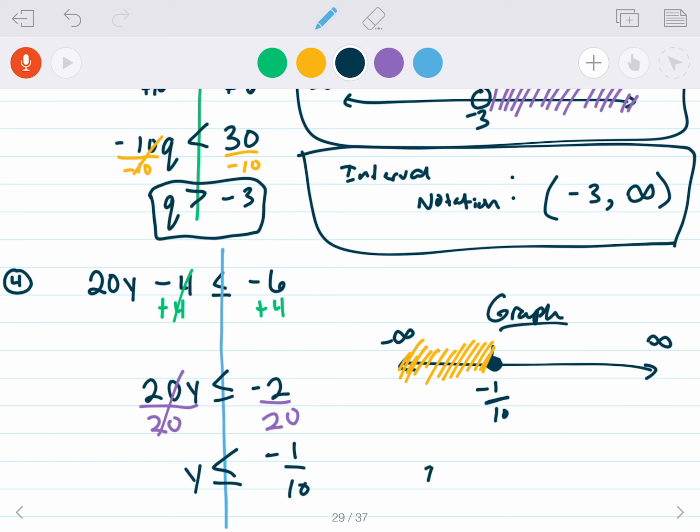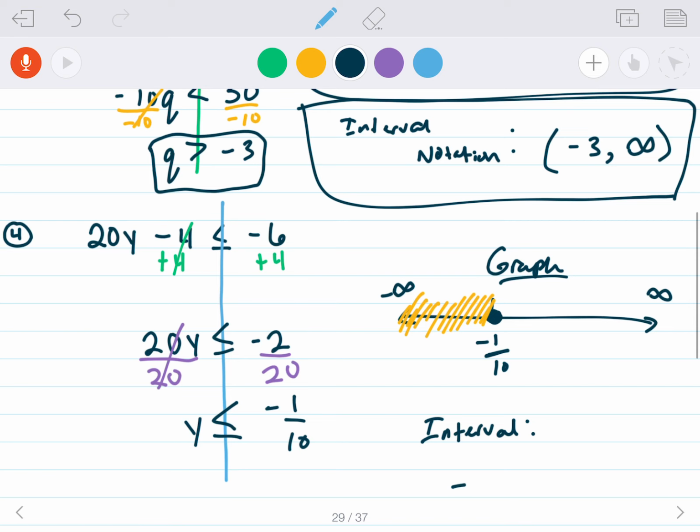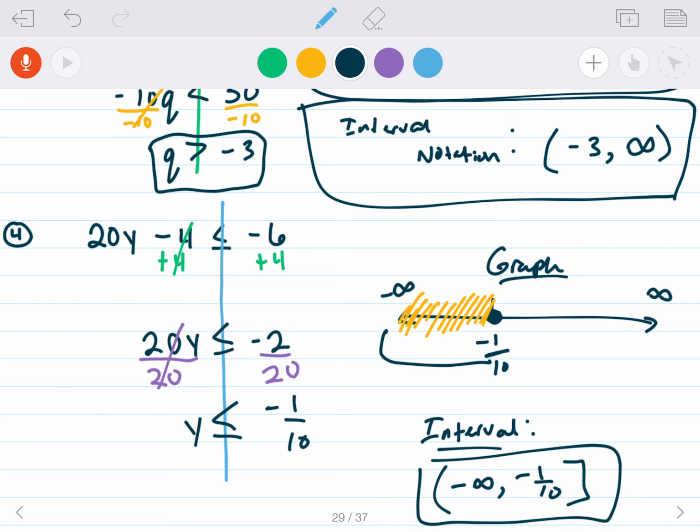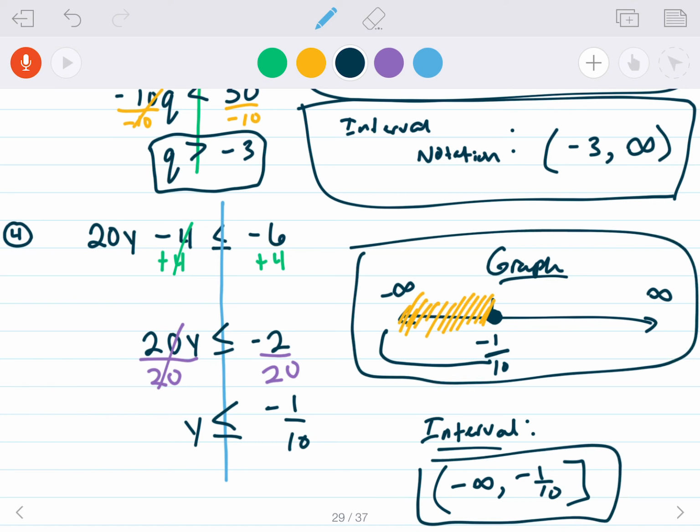Now, in interval notation, my smallest number, quote-unquote, is negative infinity. So I start at negative infinity, and I go all the way up until I hit negative 1 over 10, and I stop. Negative 1 over 10 gets a bracket because it's included, and negative infinity always gets a parenthesis. So this is my solution in interval notation, and this is my graph.